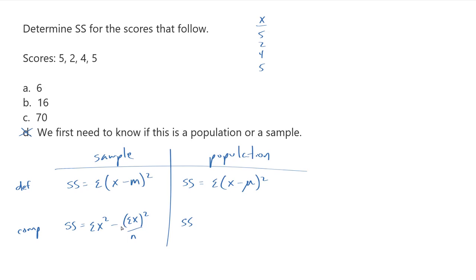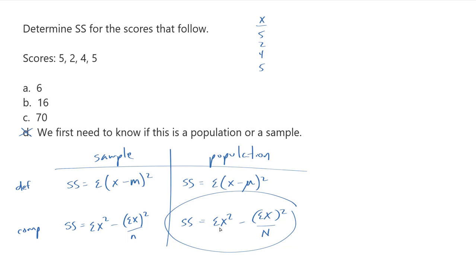If I'm dealing with the computational, then it's going to be the sum of x squared, which I can find whenever I have raw data, minus the sum of x, which again I can find, over the population size. So I can work things out no matter what, and I'm going to get the same result no matter which one of these I choose, whether it's a sample or a population. So it makes no difference. Let's just grab this one here.